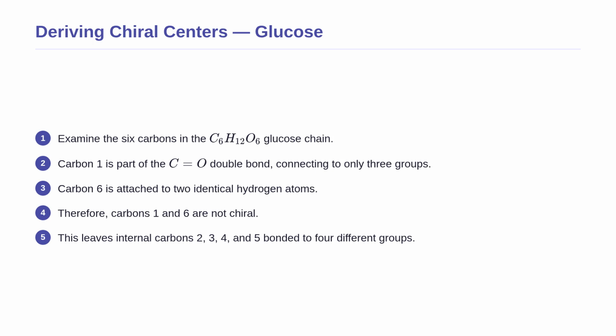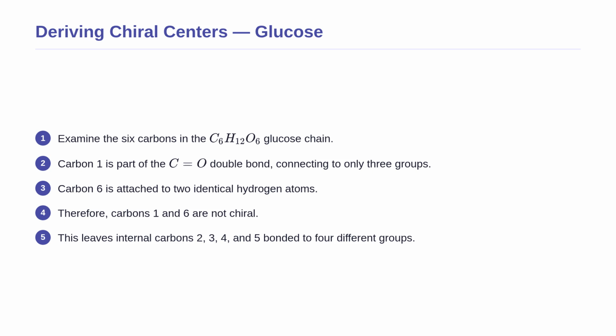Now that we have used this formula and found 16 isomers, let us understand where that c equals 4 comes from conceptually. We're setting out to prove why an aldohexose has exactly 4 chiral centers. When we examine the 6 carbons in the glucose chain, we look at their bonds.